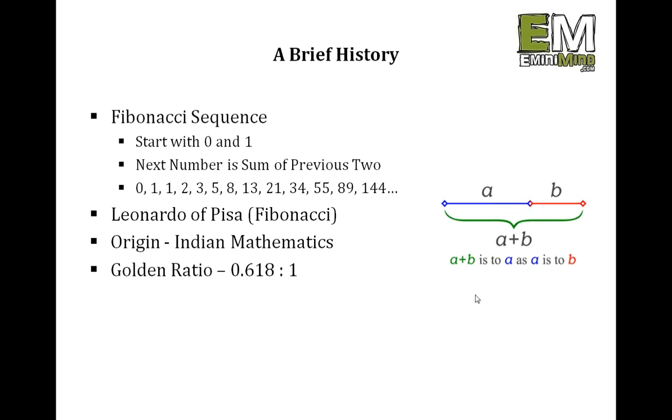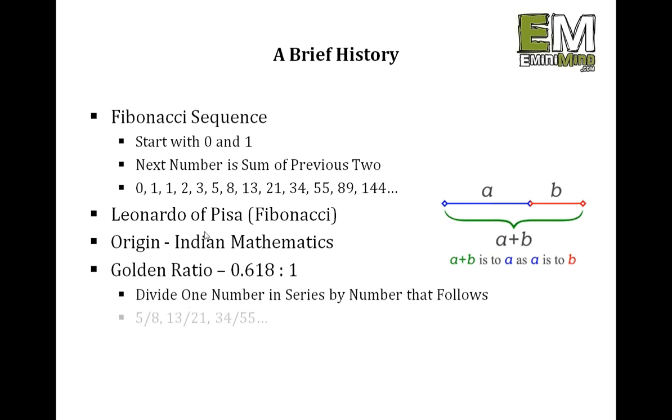That relationship is derived by dividing one number in the series by the number that follows. So we have this series of Fibonacci numbers that's derived from adding the prior number to get the next number in the series. For instance, 2 plus 3 is 5, and then 5 plus 3 is 8.